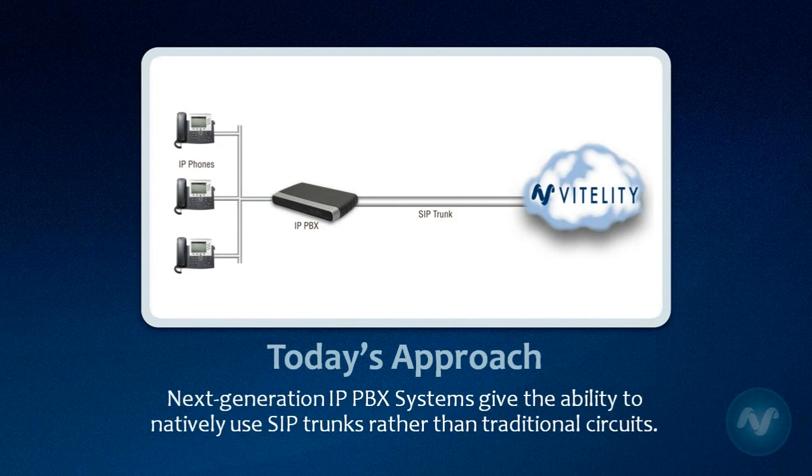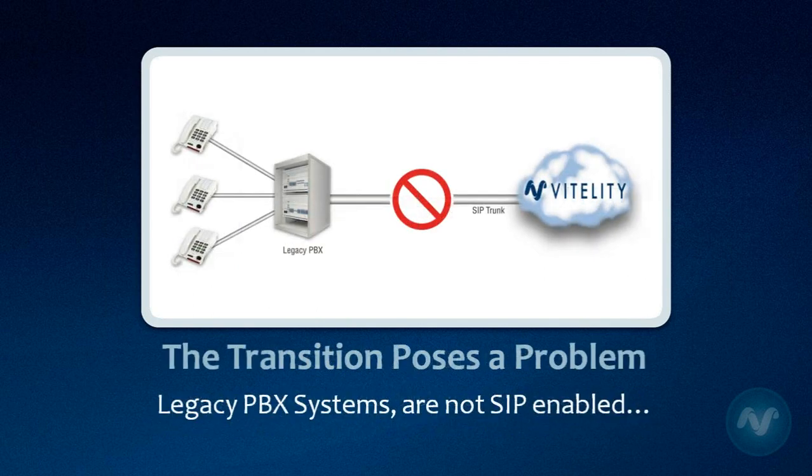You have an IP PBX. And the advantage of this next generation IP PBX is it gives you the ability to natively use SIP trunks rather than traditional phone circuits. So with those SIP trunks, you get the cost-effective phone service, you get the added features, you get the next generation technology. But the transition as we go from the old world to the new world, it poses a problem.